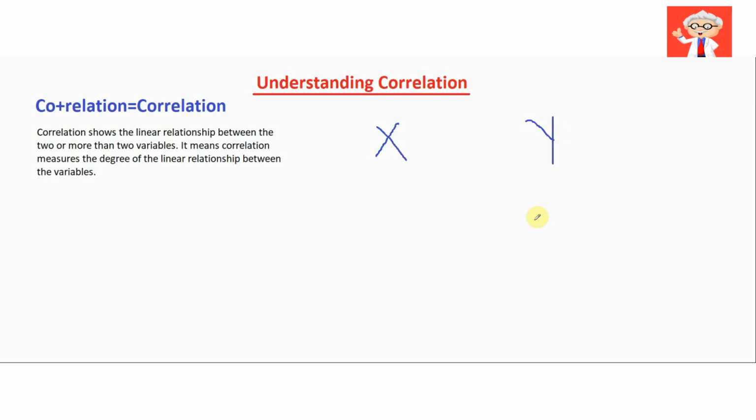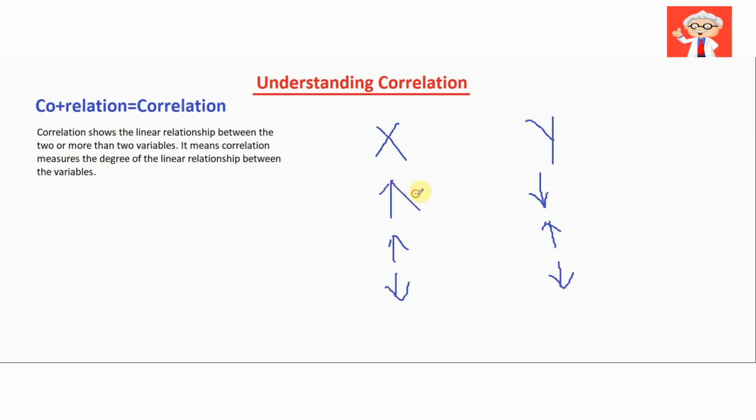Suppose when the value of x increases, then the value of y may decrease, and sometimes when the value of x increases, the value of y also may increase, and sometimes when the value of x decreases, the value of y also may decrease. So there exist different types of relations between them.